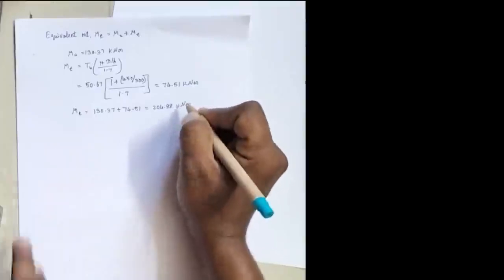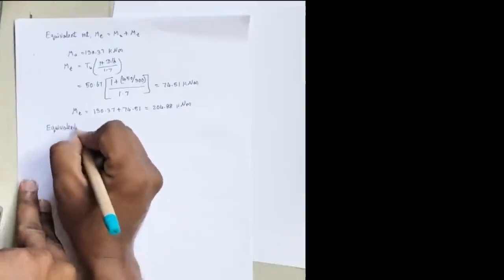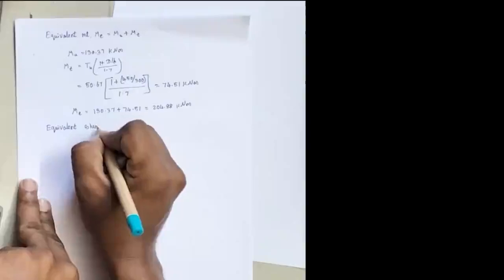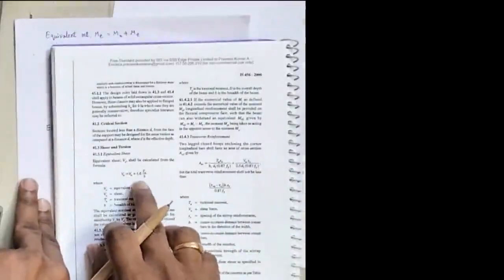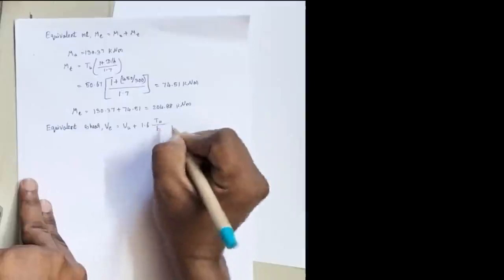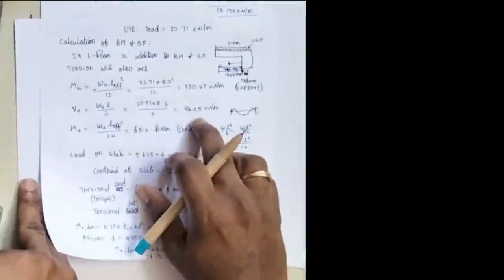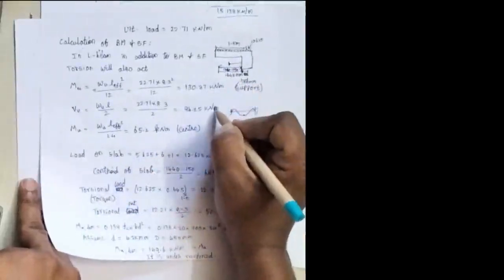Next I need to calculate the equivalent shear, because if you are having a torsion, we need to calculate both the equivalent moment and the equivalent shear. In the code book we have the formula VE equal to VU plus 1.6 TU by B. This is also given in page number 75 of IS 456. We know the VU value is 94.25 kilonewton.